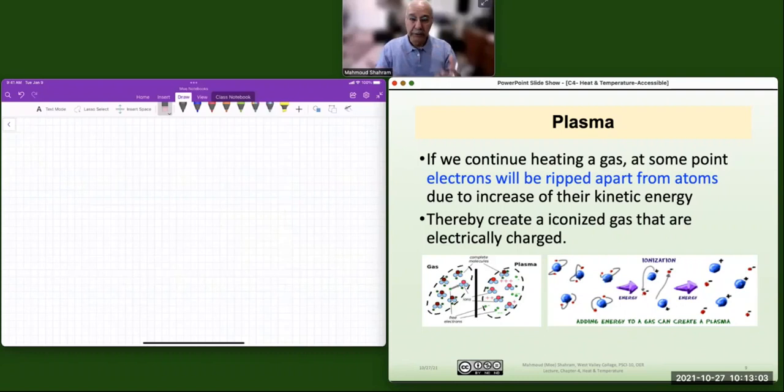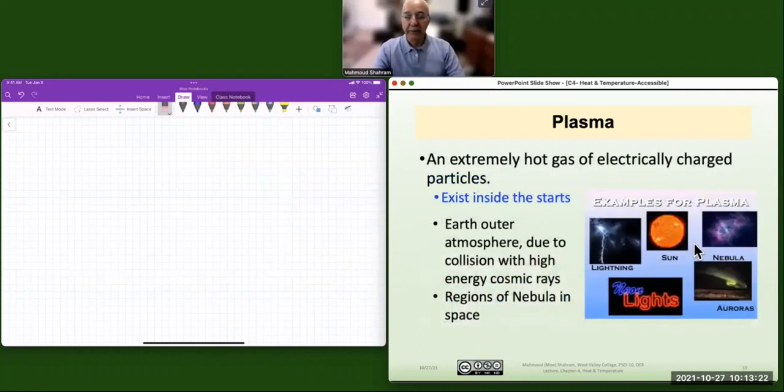By doing so, you turn the atom and molecule into an ion. So now you have a region that has positive ions and negative electrons, and that is a state of plasma.